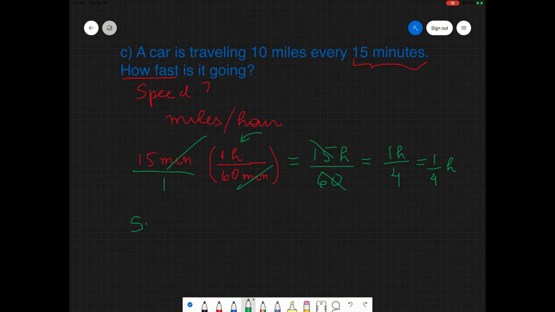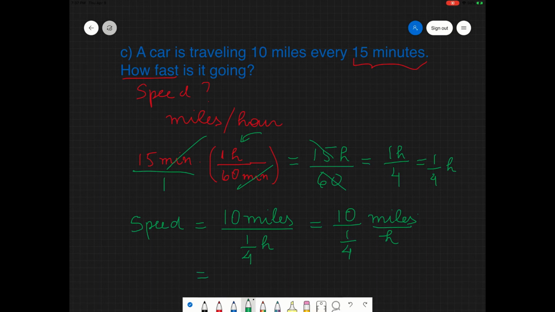So the speed, how fast the car is going, corresponds to the distance, which is 10 miles, divided by the time it takes to travel the 10 miles, but expressed in hours, which is 1/4 of an hour. So we can do the division of fractions, 10 divided by 1/4, and the units will be miles per hour.